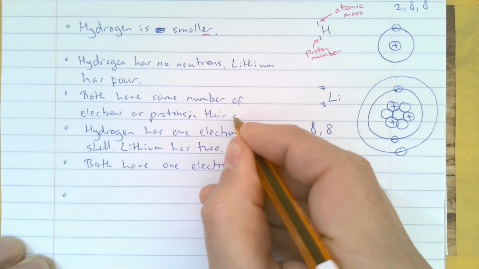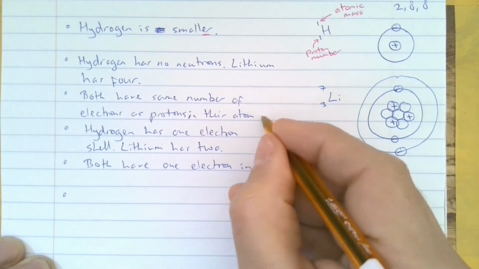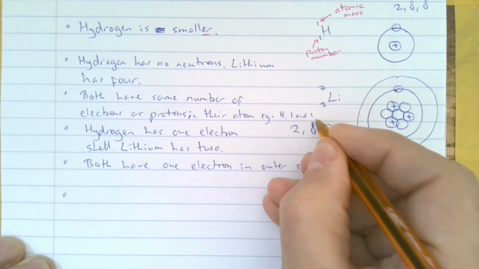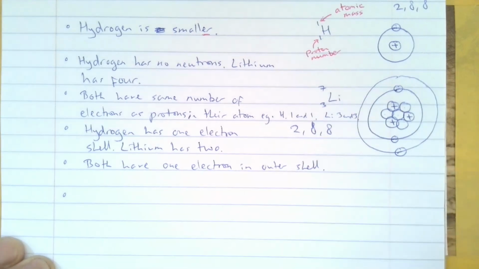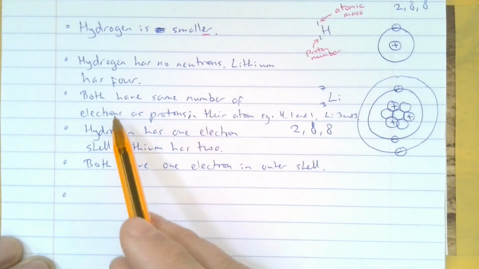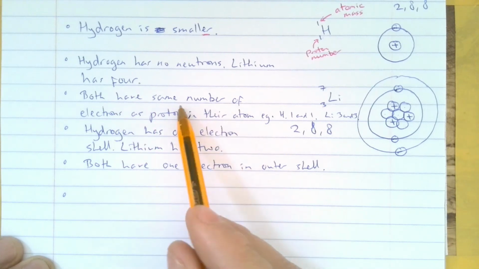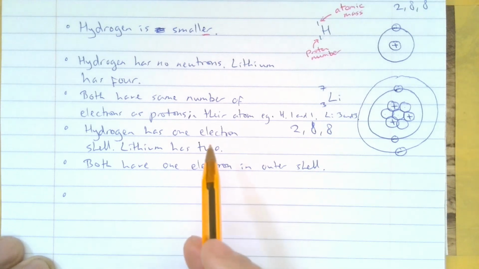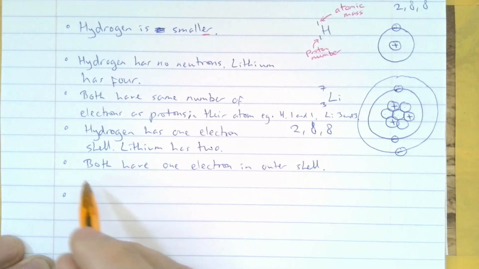I might just put e.g. H 1 and 1, Li 3 and 3. That suggests that both of them have got the same number of electrons and protons in total as each other, hydrogen and lithium. So that's a badly worded sentence there. Just be careful. Both have no charge because they have equal numbers of protons and electrons in their atom might be better.